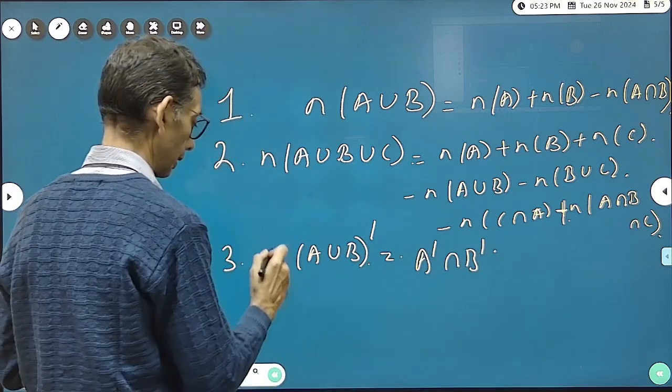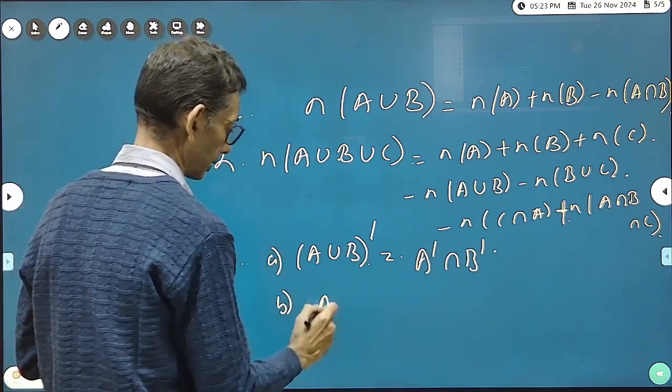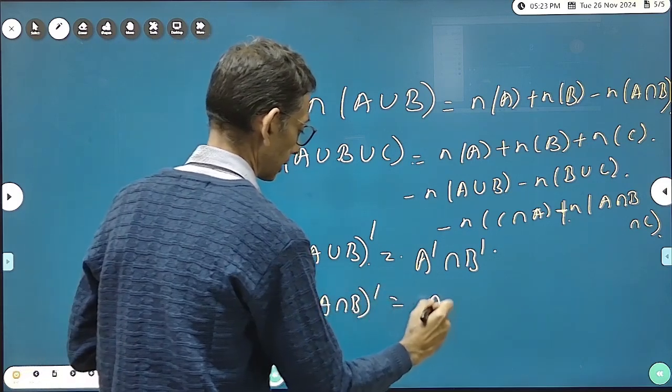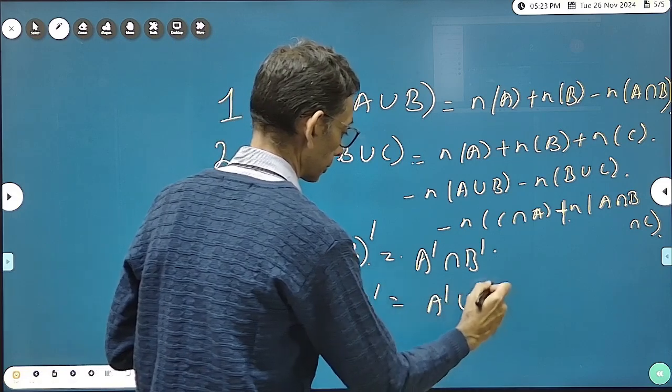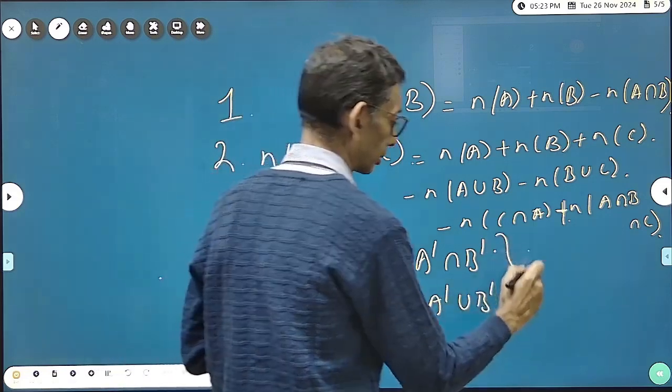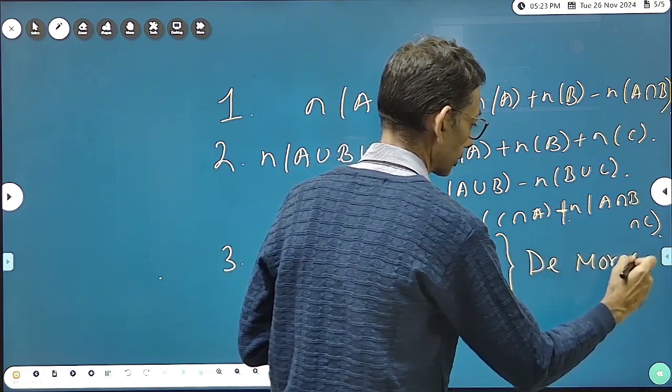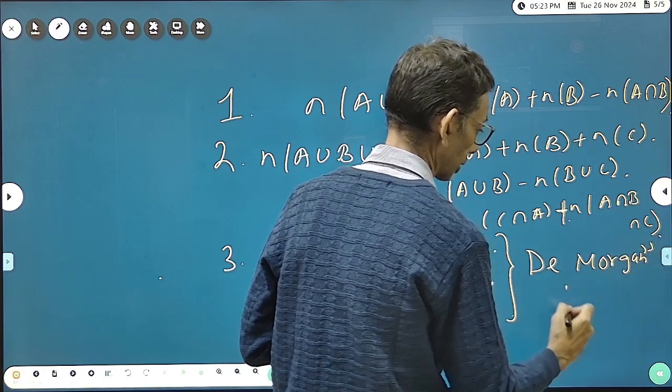And A intersection B complement is A complement union B complement. What is this law called? De Morgan's law.